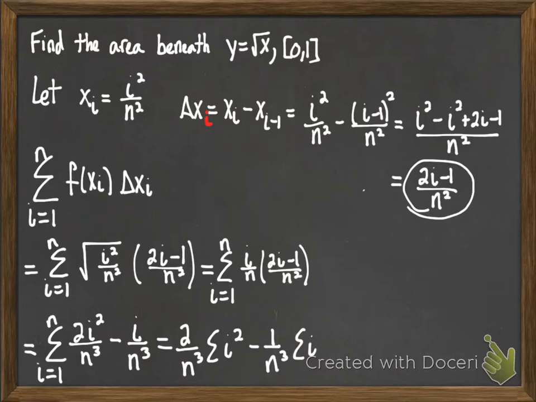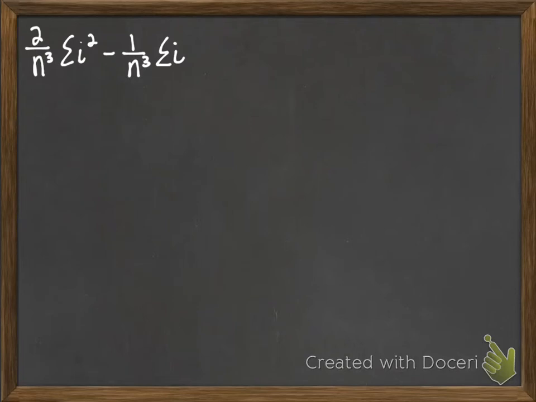Okay, so moving on. At this point now, I've just rewritten what we have here to work out. And so we invoke the formula for the sum of the i squareds.